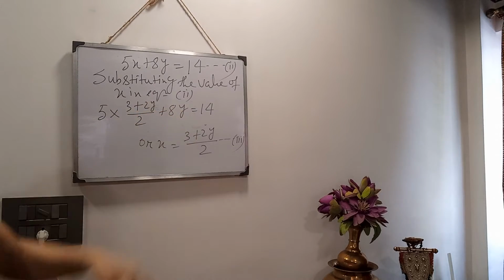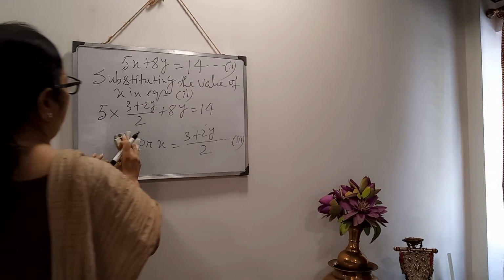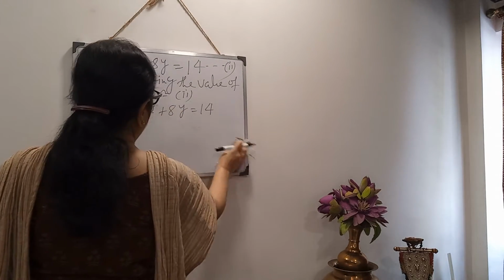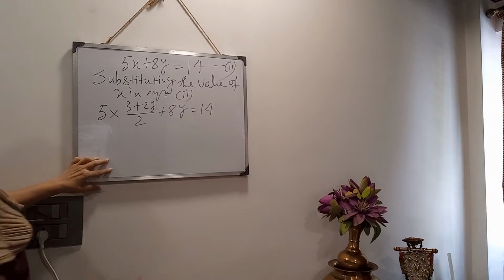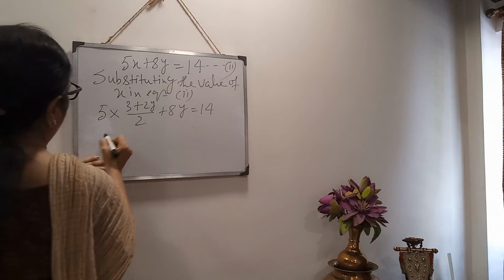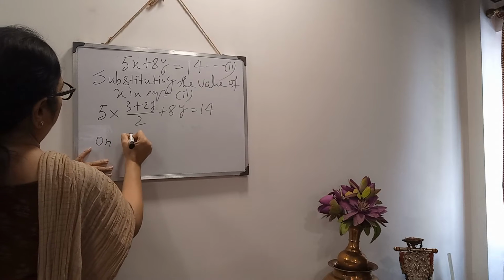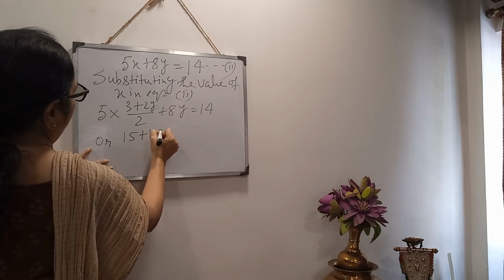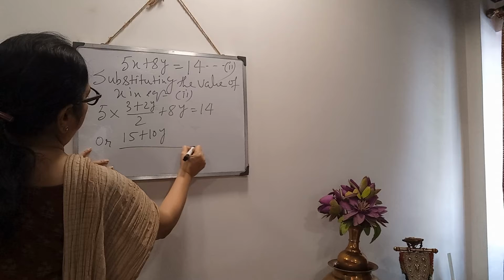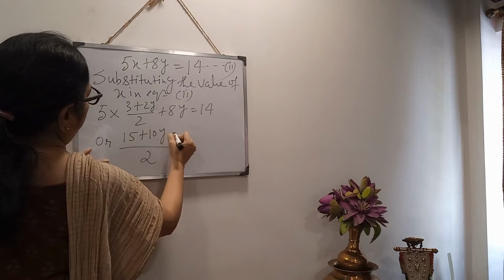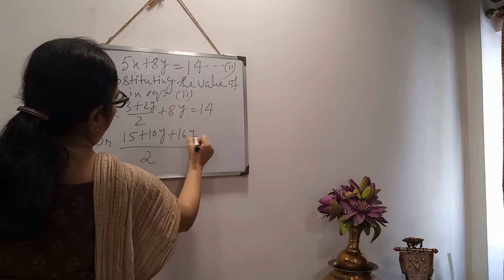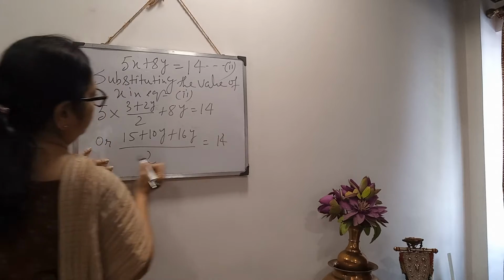Now this equation is in only one unknown, that is y, so you can solve it very easily. Multiply by 2, 15 plus 10y, and taking the LCM together, plus 16y equals 28.